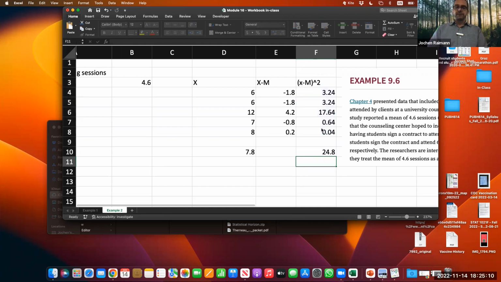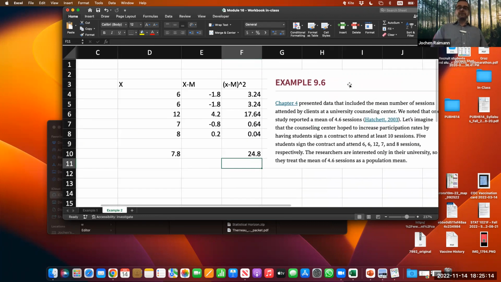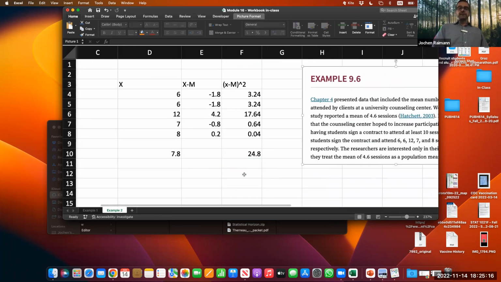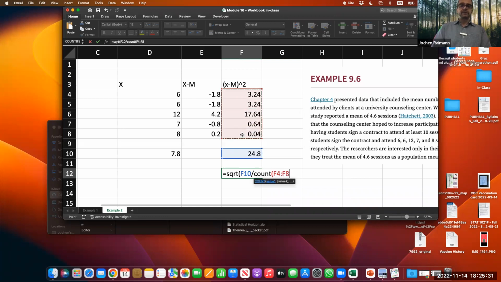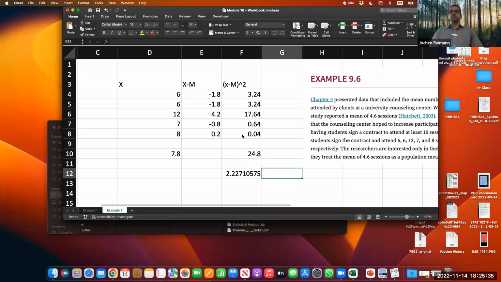And this sum of squares is essentially where the calculation differs. If you calculate the square root of this divided by the count of these 5 entries, as we formerly did, you get 2.27.